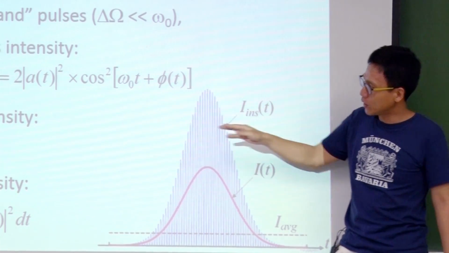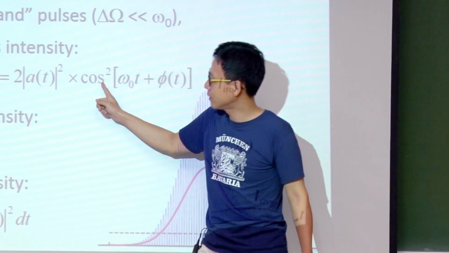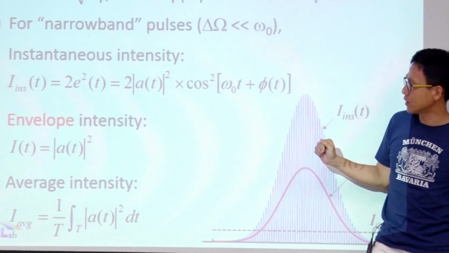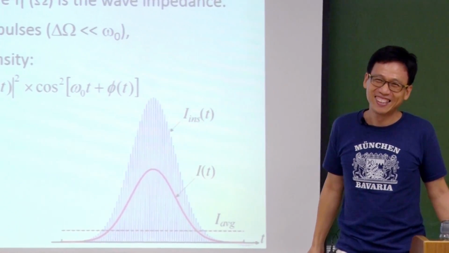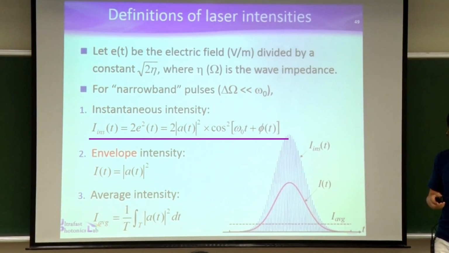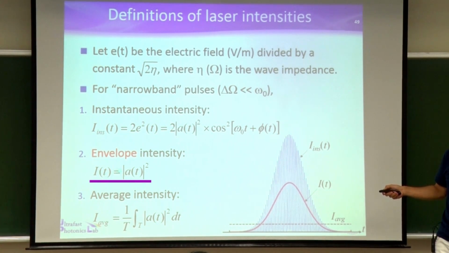So if the formula for the envelope intensity has a factor of 1, then the formula for the instantaneous intensity needs a factor of 2. Of course, you can define it with 1 here, but then you need 1 over 2 there. Either way should be okay.